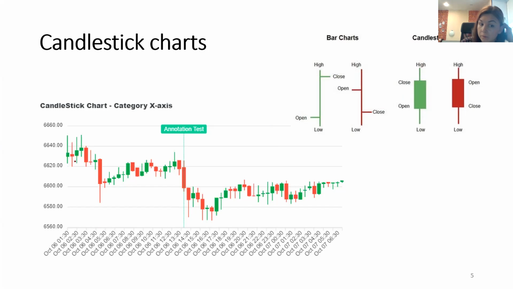When you use red color, it means that you close the day with a price lower than the price when the day opened, and the green one will be when the price is higher at the end of the day. So you may represent the dynamic of the price in trading.